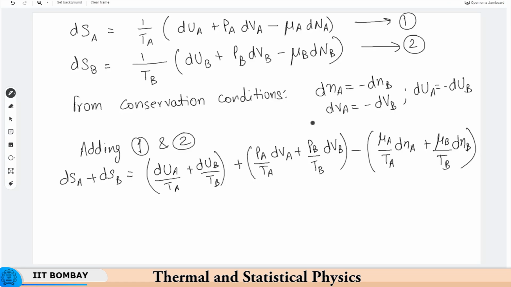And I can now replace dU_A with minus dU_B, dV_A with minus dV_B, and dN_A with minus dN_B, and remember this is equal to 0, right.